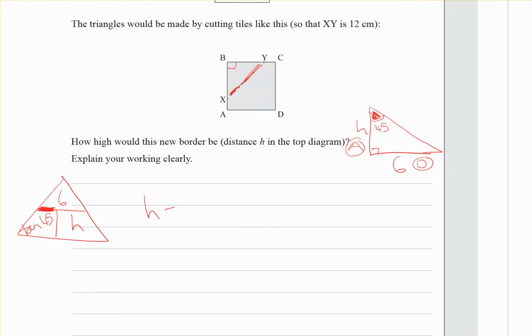I can see that h equals 6 divided by tan 45. Working that out on the calculator, we get 6 centimetres, which would make that isosceles.